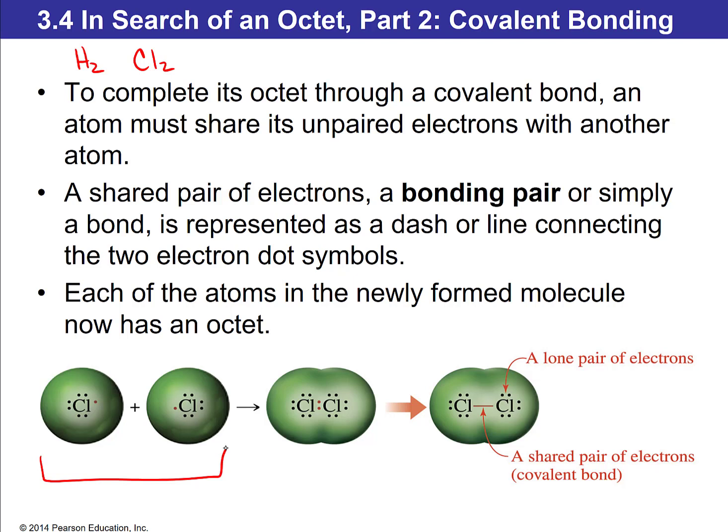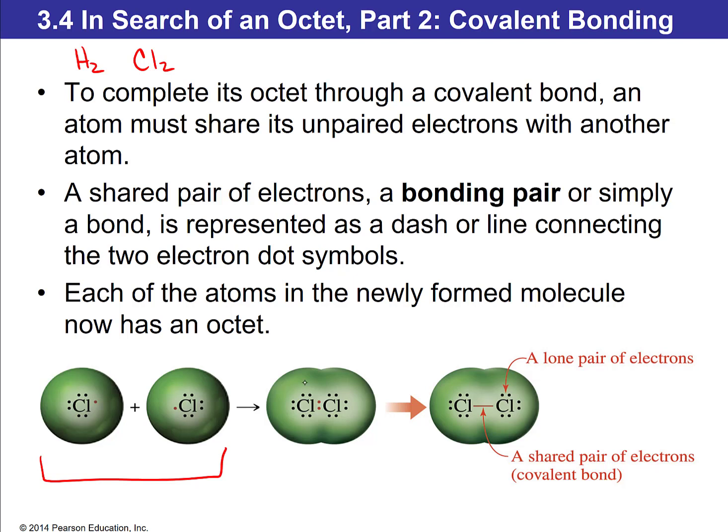So neither chlorine can pull electrons from the other, because they each want one electron, and they have a really strong attraction for an electron because they're almost full. So they just slide over closer so that their orbitals can overlap, so that one pair of electrons can be shared between them.